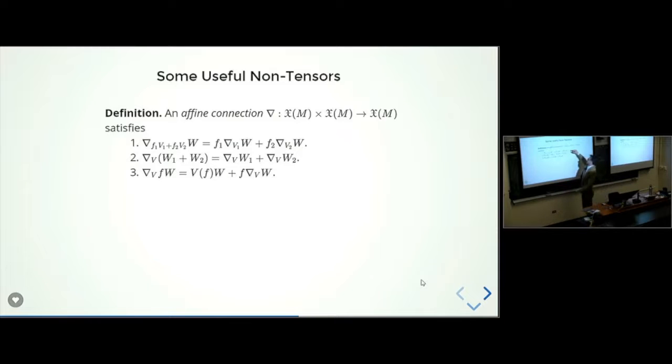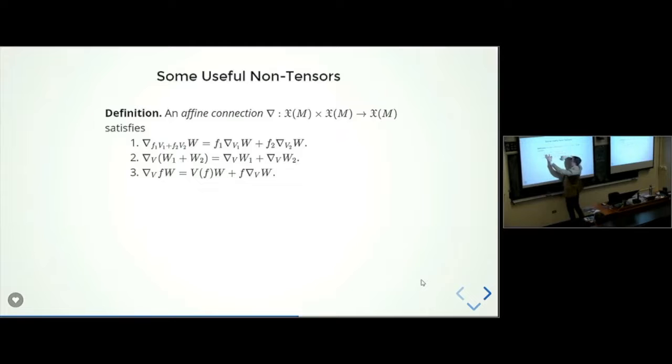But what's going on? It's something that eats pairs of vector fields and spits out a vector field, so it's kind of like a tensorial thing. And indeed, the way that we write this is that the thing in the first slot goes in the subscript on this nabla, and the thing in the second slot goes here. The reason for that is because there's an asymmetry, which you've probably already seen if you've been reading ahead. If I do a linear combination, this is a C infinity M module, so F1 and F2 are functions.